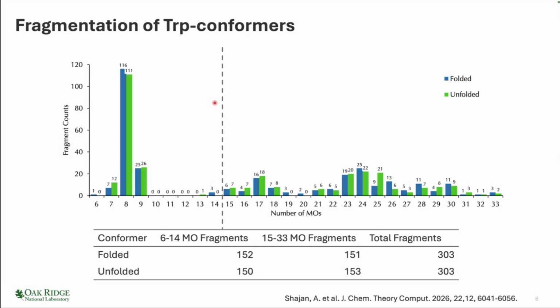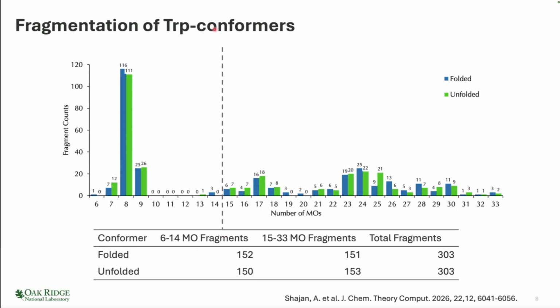fragments for the different conformers, we have the folded conformation in blue, the unfolded in green, and we see that when we break the system down into these atomic fragments, we have about 150 fragments that are in the 6 to 14 MO range, about another 150 that are in the 15 to 33 MO range.